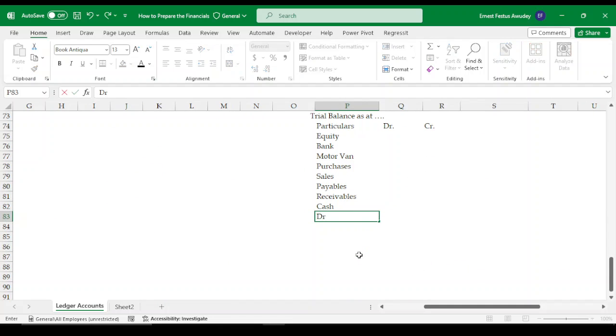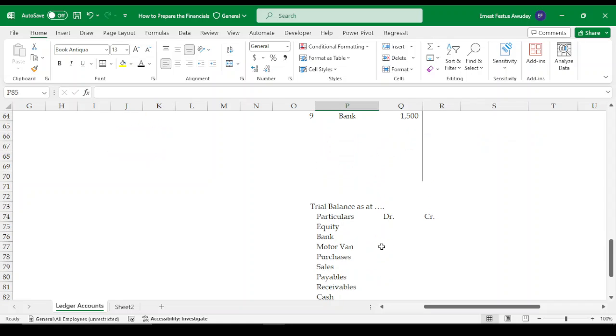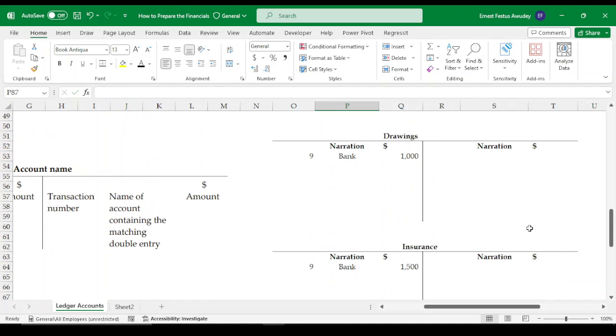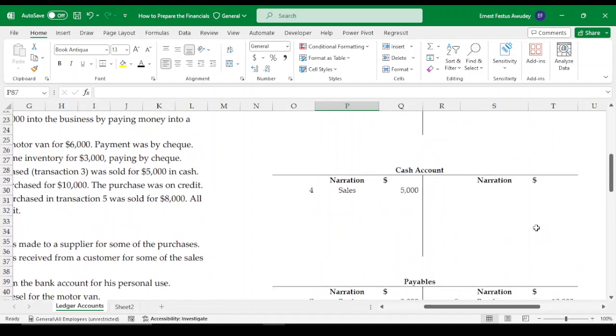So we have drawings, we have transport, we had insurance, sorry, and then we have bank loan. I hope that is all.